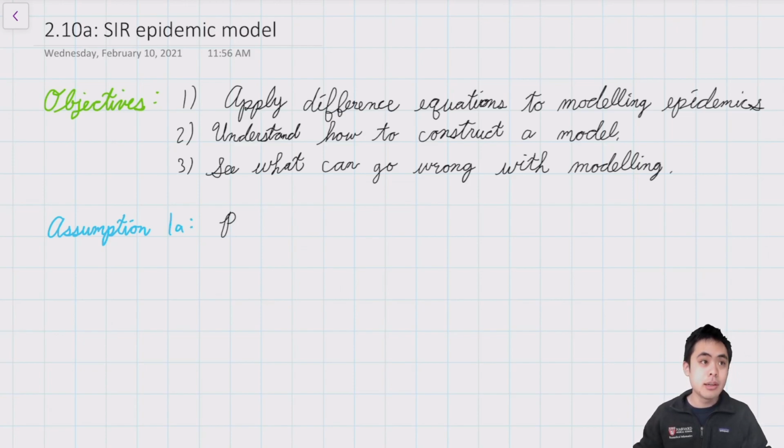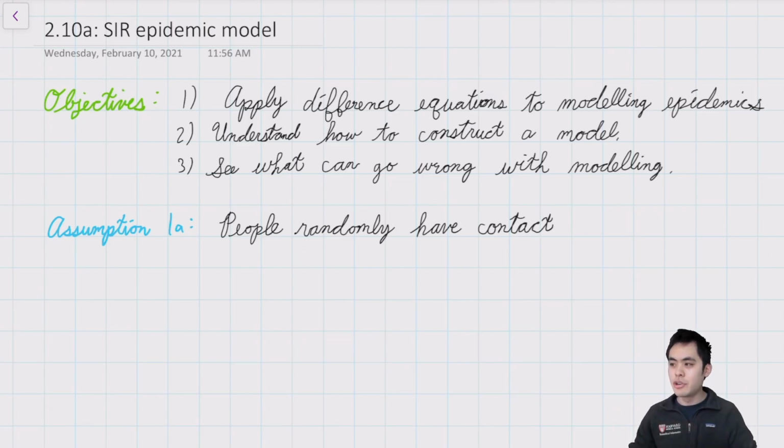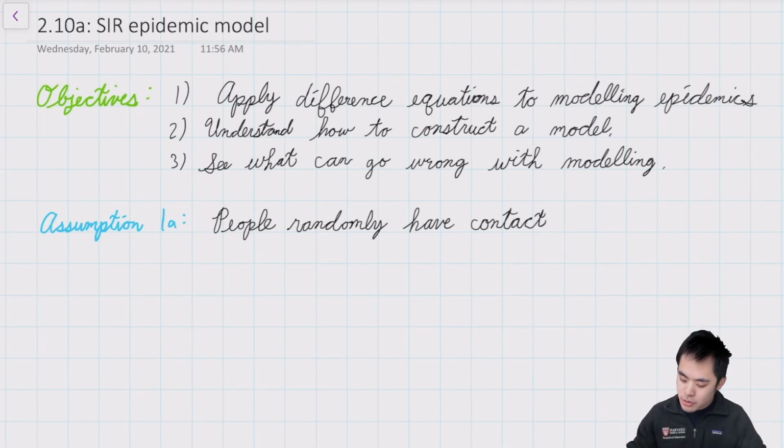People randomly have contact events with each other. And by randomly, I mean that they can contact anyone else in their population. So we're not going to put any sort of additional structure on the contact events.